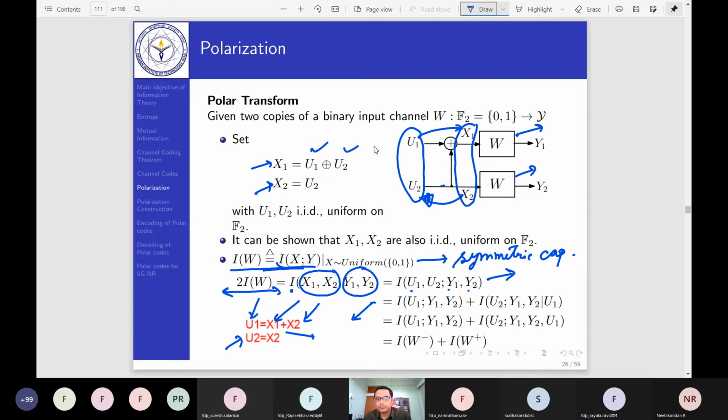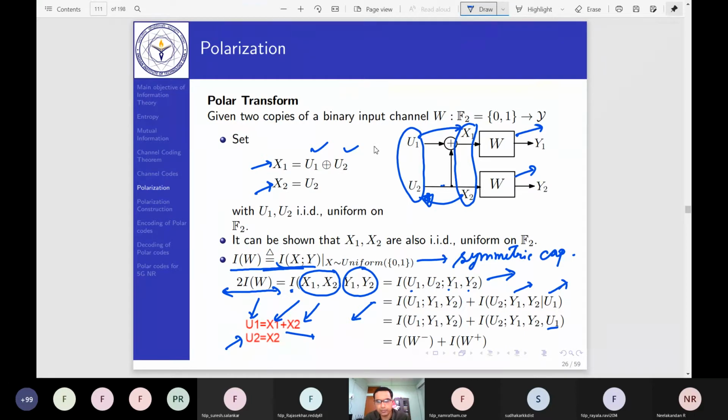This is the conditional mutual information: the mutual information of U2 with Y1 and Y2, given that U1 is already considered, and because U1 and U2 are independent, we can put U1 like this.